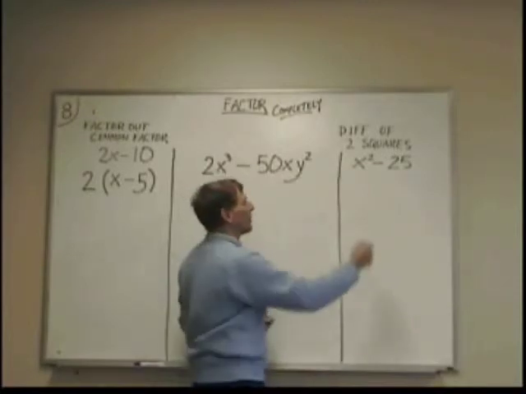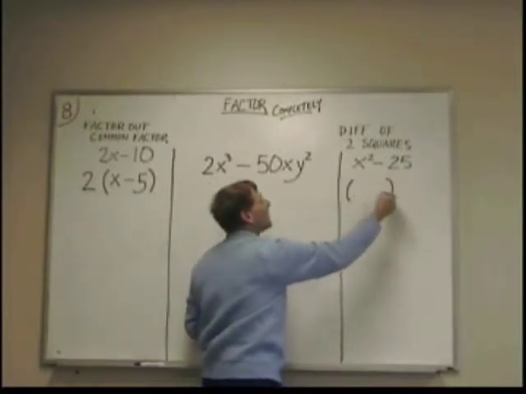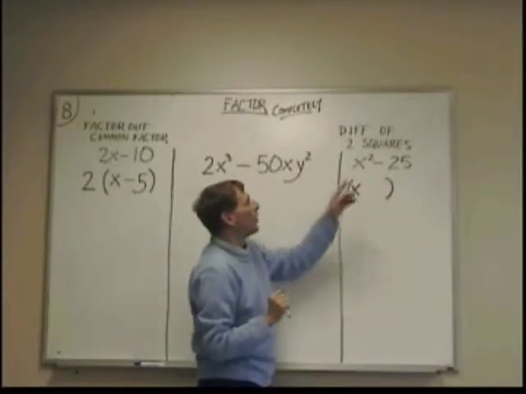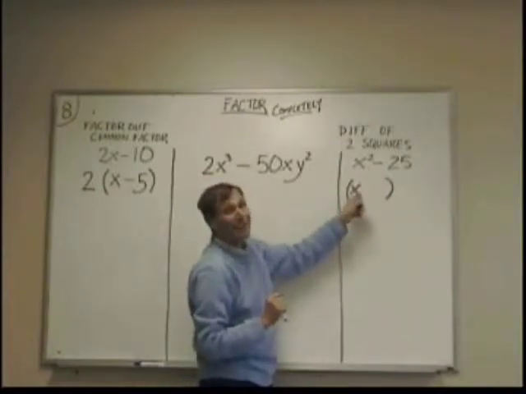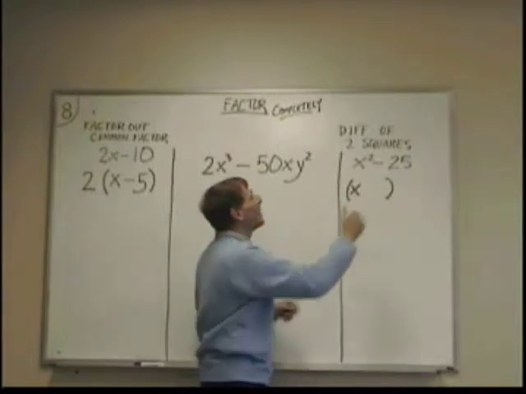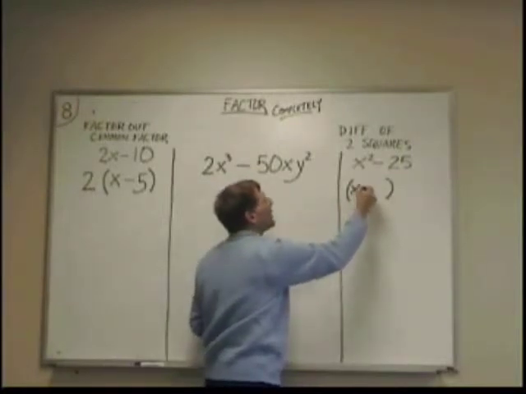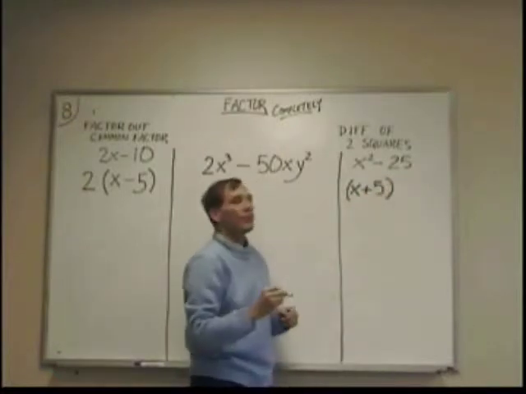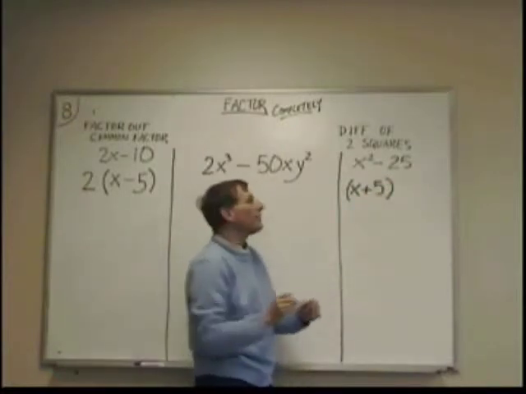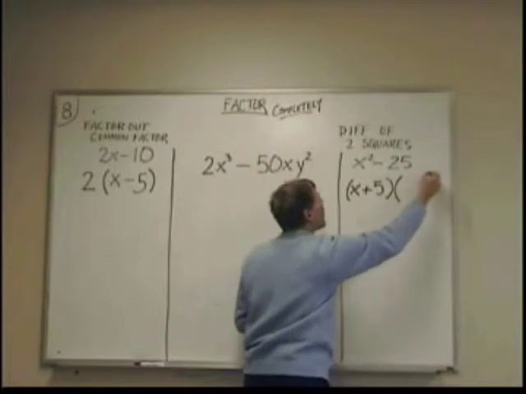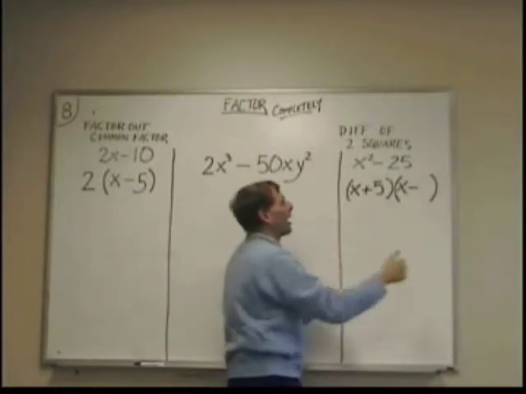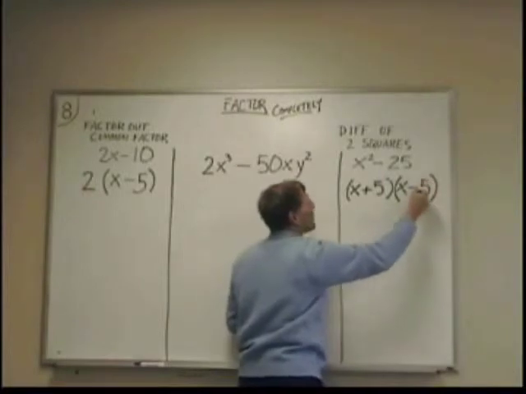You'll see that, and it should stand out, and you'll say, aha, difference of two squares, and you simply take the roots of each. It's half the exponent, so half of x squared is x to the 1 or just x, because we don't need to put that 1 in, plus the root of 25, which is 5, the perfect square of 25, and another parenthesis with x and a minus, the opposite sign, the root, which is 5.